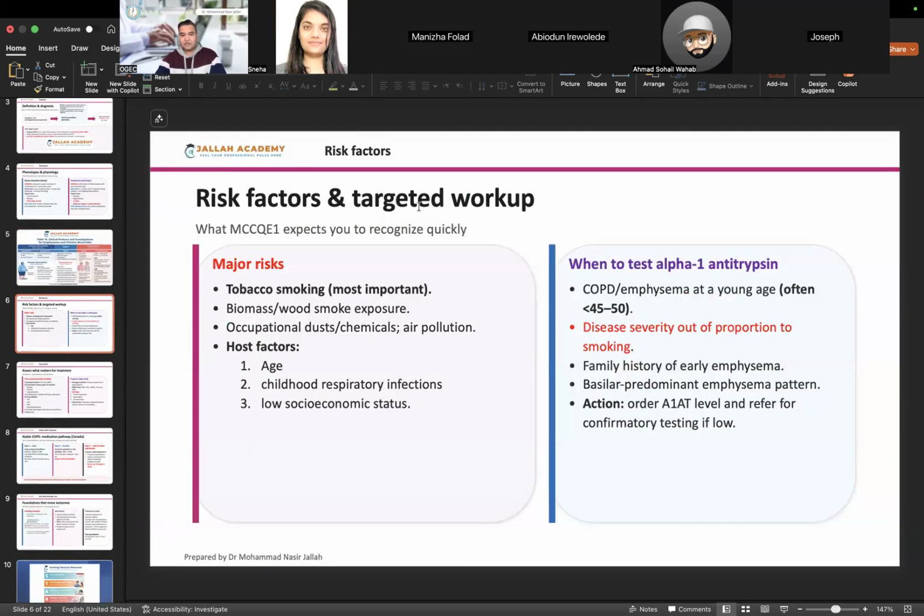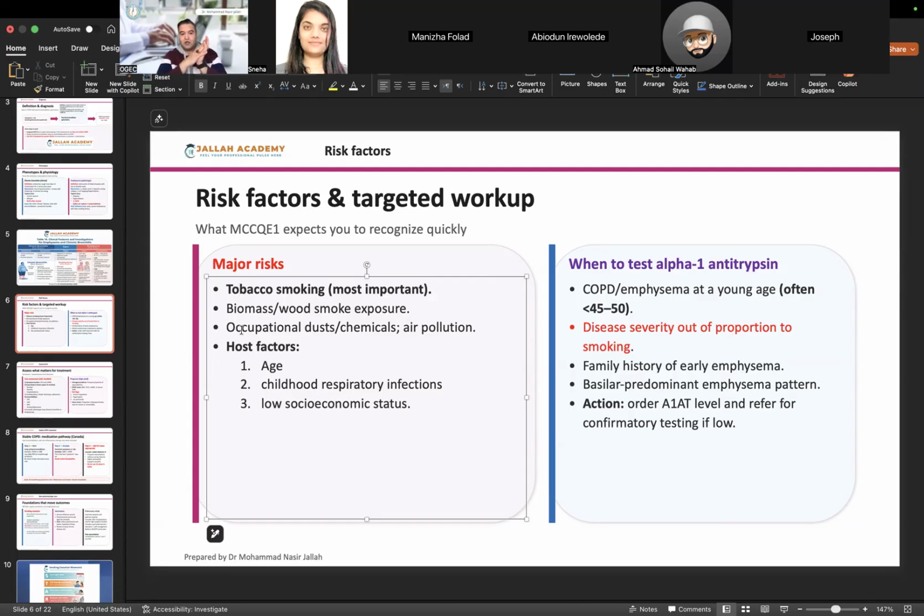Risk factor and targeted workup. What will the MCQ expect you to recognize quickly? Very important. For COPD, there will usually be smoking positive in the history. Again, if it is not positive or if the patient is not heavily a smoker, then think about alpha-1 antitrypsin deficiency.